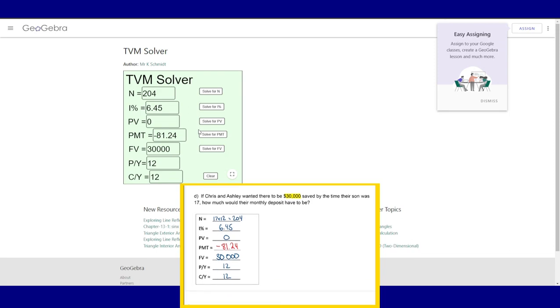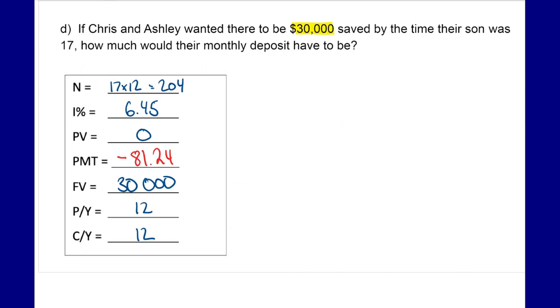So the biggest thing from this lesson is it's essentially the same idea as the previous ones when we looked at present and future value. The only difference here is that we're including payments, whether they're regular deposits, or scenarios where we are withdrawing money regularly.